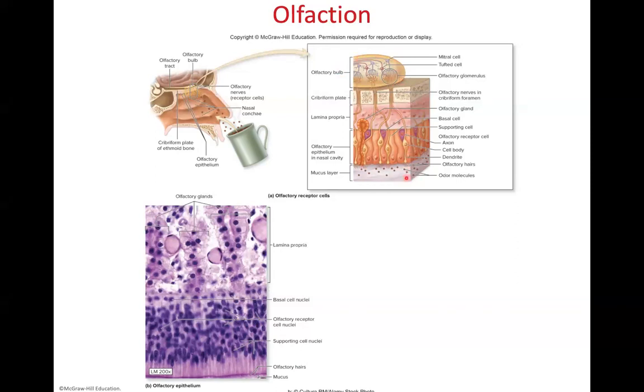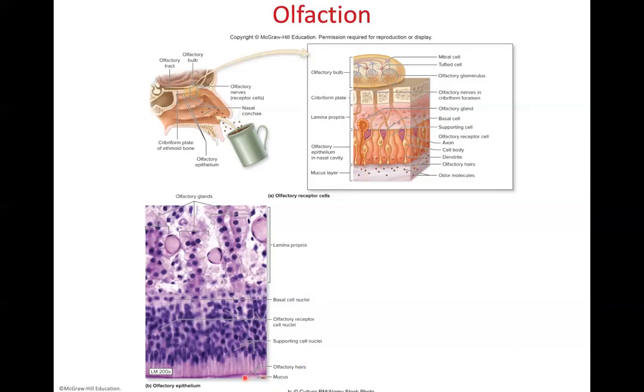So when those olfactory receptor cells within the olfactory epithelium get stimulated, they send a nerve impulse in their axons that pass through the cribriform plate of the ethmoid bone and synapse on neurons within the olfactory bulb. And down here is an olfactory epithelium photomicrograph showing the same thing.